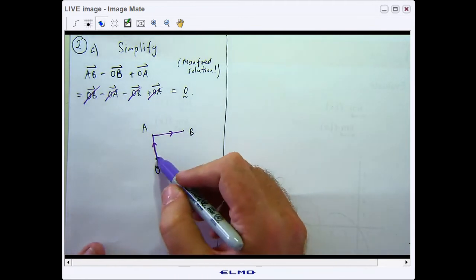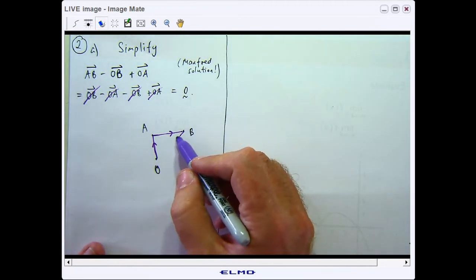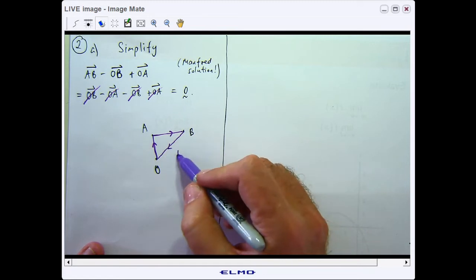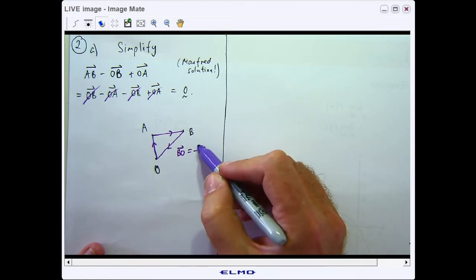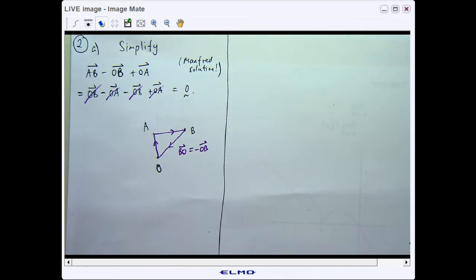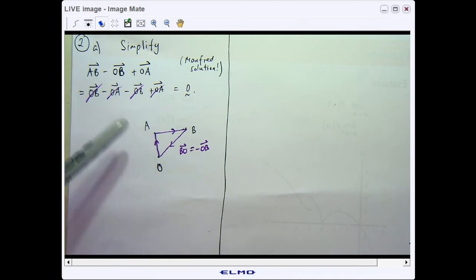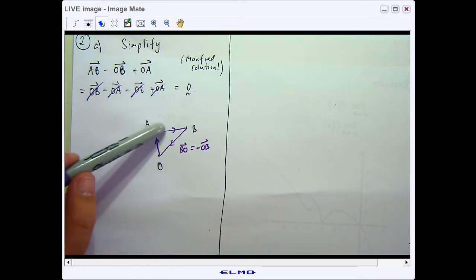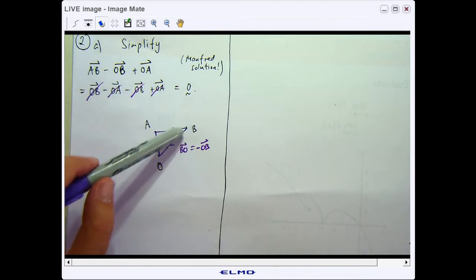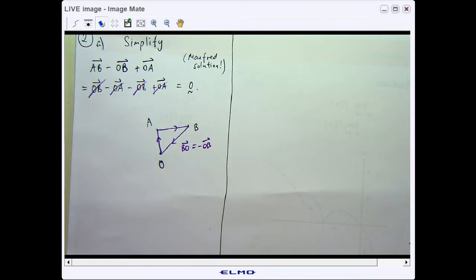So that's the same as the vector BO. Okay? So if we start here, OA plus AB, zoom, zoom, minus OB, brings us back to the origin.